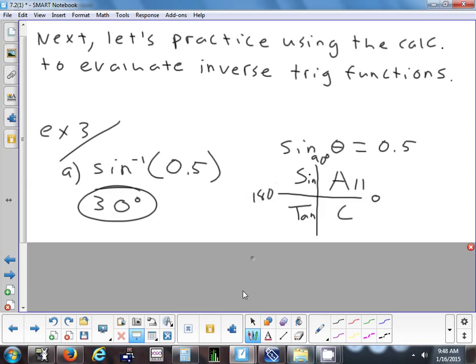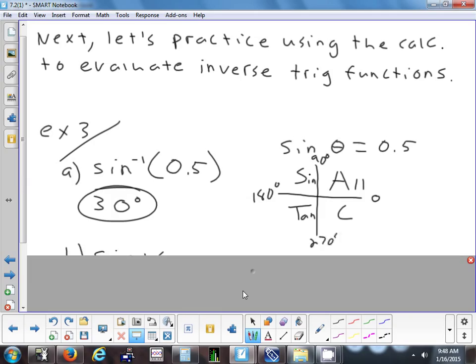And what do you think the C stands for? Cosine. In quadrant 4, cosine is the only trig function that comes out positive. Cosine of 350, cosine of 290, okay? Things like that. So, we're dealing with sine, and we got an answer in quadrant 1.